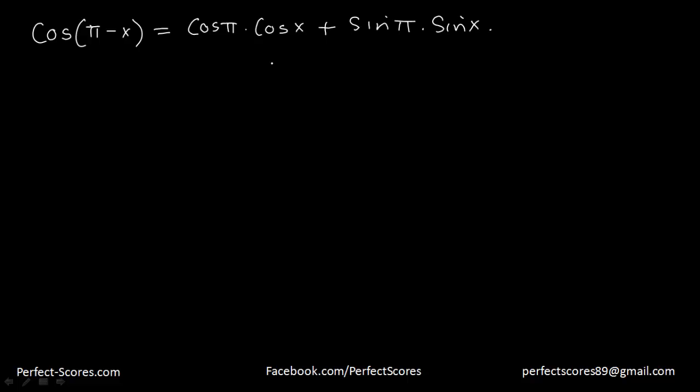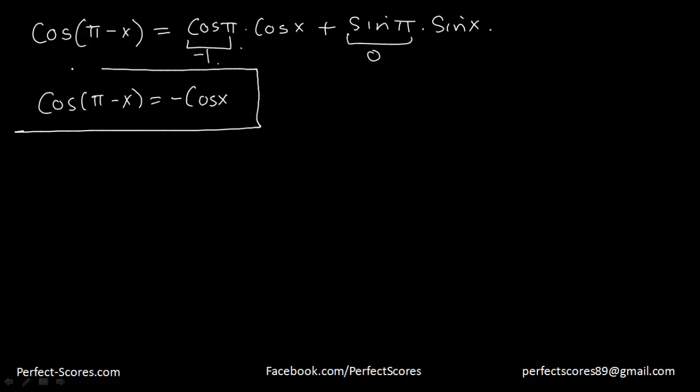Now you know that the value of sine of pi is 0, and the value of cosine of pi is actually going to be equal to negative 1, which means the value of cosine of pi minus x is going to be equal to negative of cosine x. Again, a very, very important result.